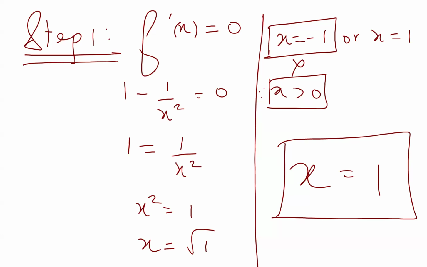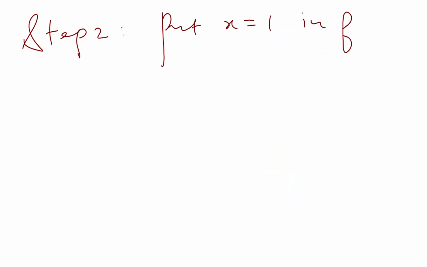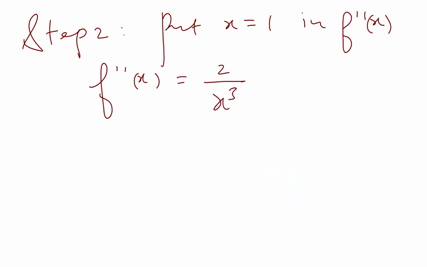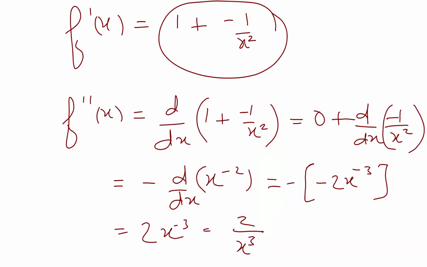Step number 2. Put x equal to 1 in f double dash x. f double dash x is 2 upon x cube, which we already calculated.